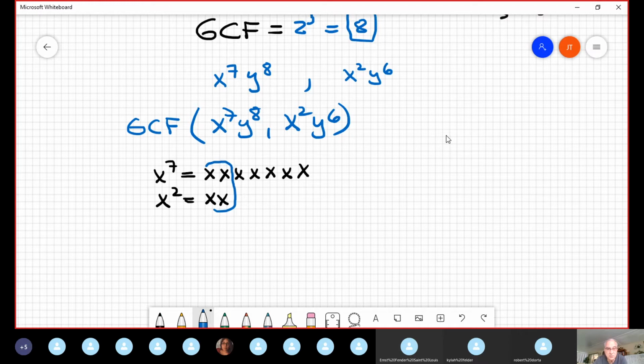So the greatest common factor in the x part is x to the second. Wow, it's easy. You always have two exponents, 7 and 2, and you take the smaller exponent. Between y to the 8 and y to the 6 is y to the 6. End of story. Super easy.